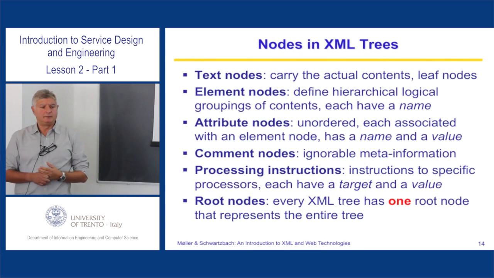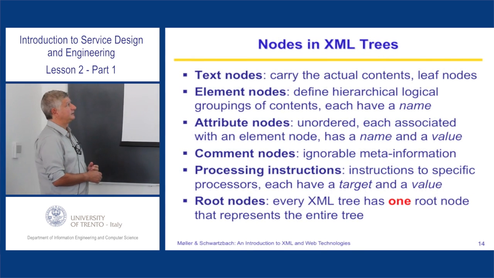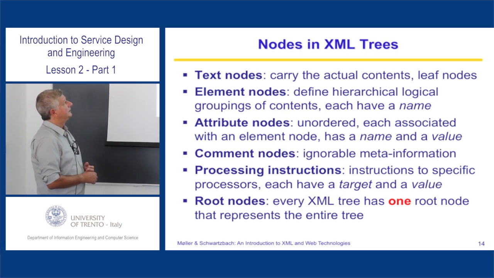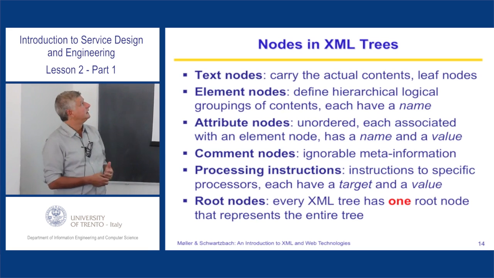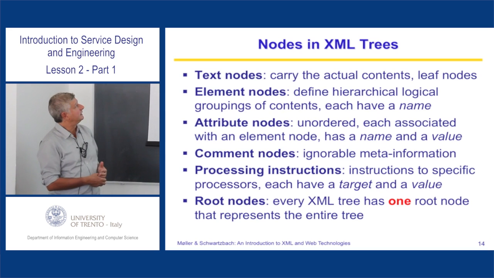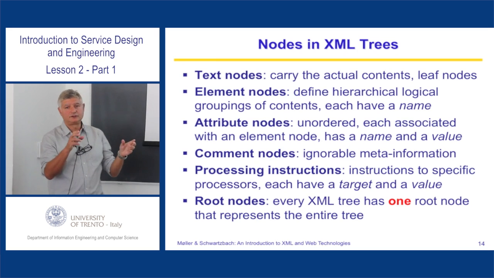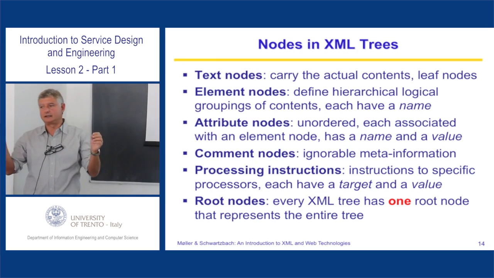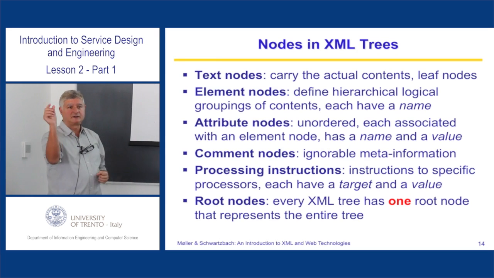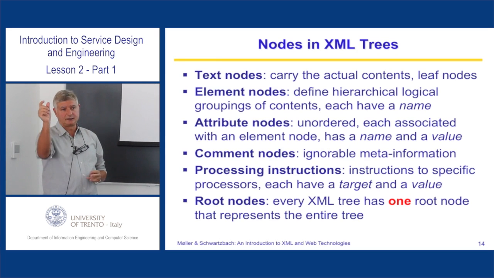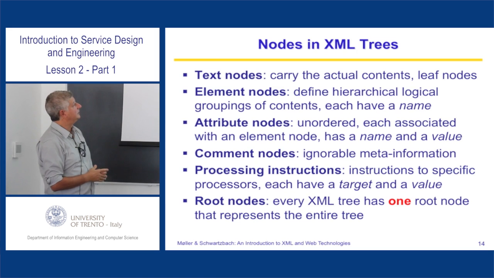Very quickly, there are a number of possible nodes. The things that are really more interesting for us are the text nodes, where we actually carry the information. The element nodes are only used for hierarchy, for the structure. Attribute nodes are the ones that are essentially attaching some information to the element nodes.